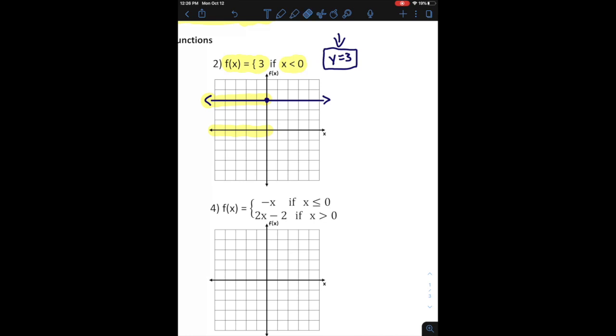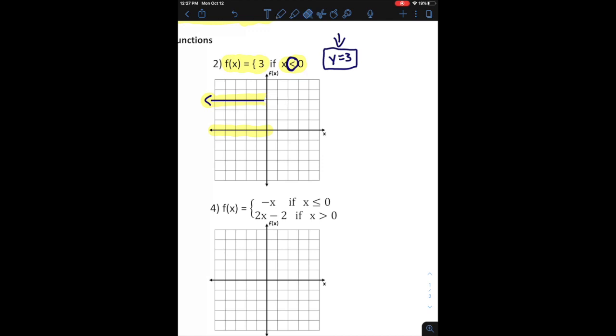So which part of that line do I want to graph? I only want to graph this part of the line. Therefore, we will erase the part to the right where the x values are greater than 0. In addition, we did learn a couple sections ago with inequalities, if it's a less than or equal to sign, this solid circle is showing that x does equal 0.